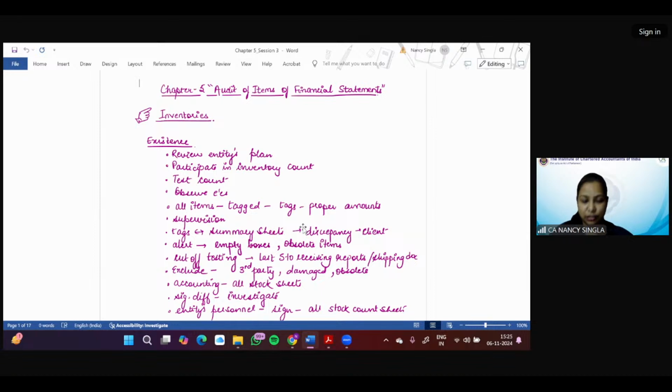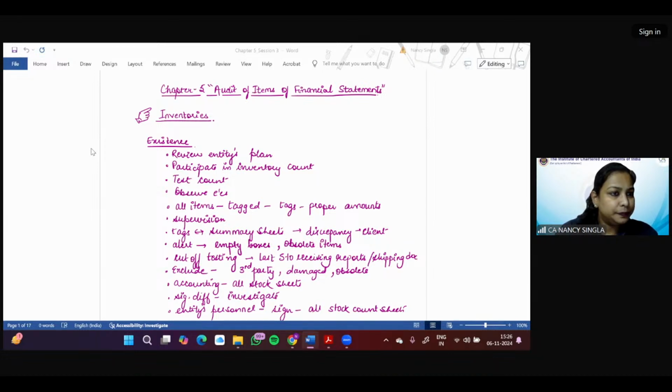So it is AS2, right? And what is the valuation criteria? So cost or NRV, whichever is lower.